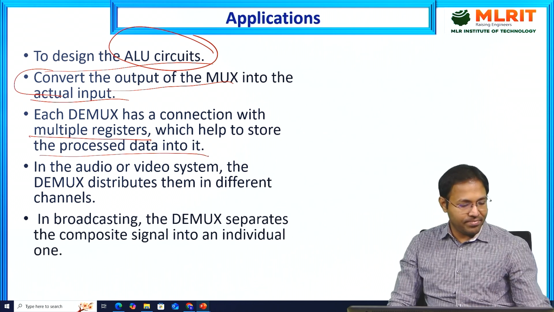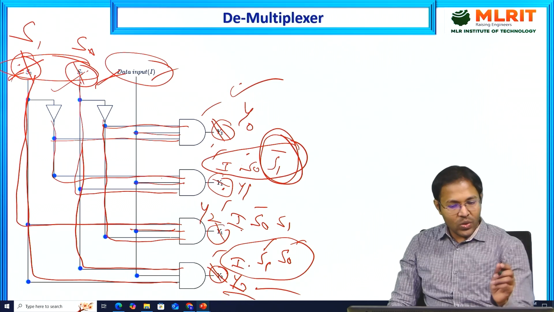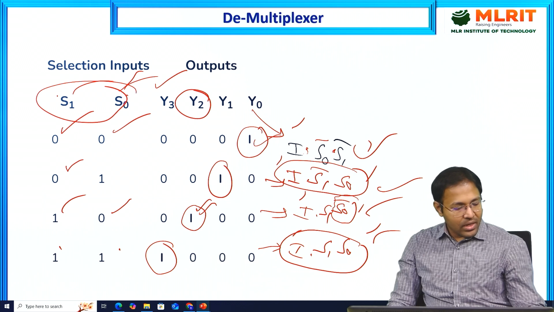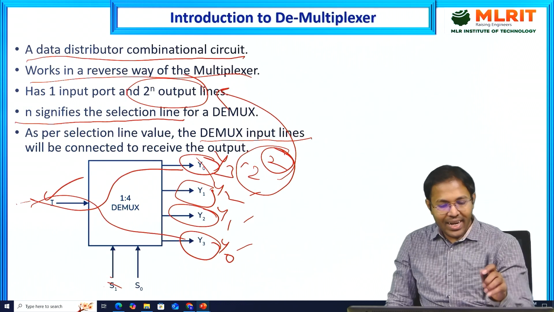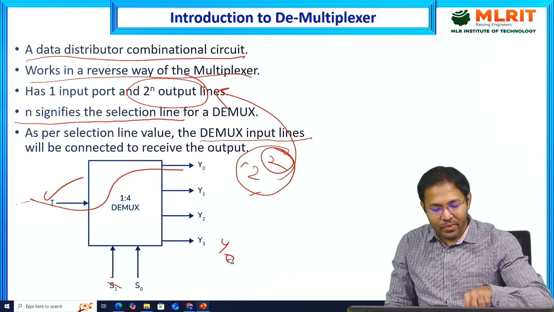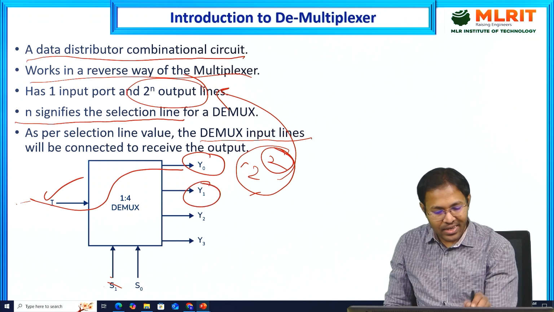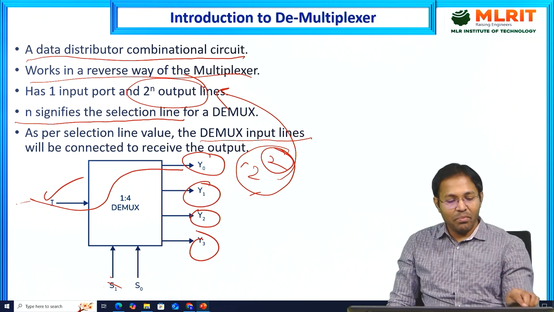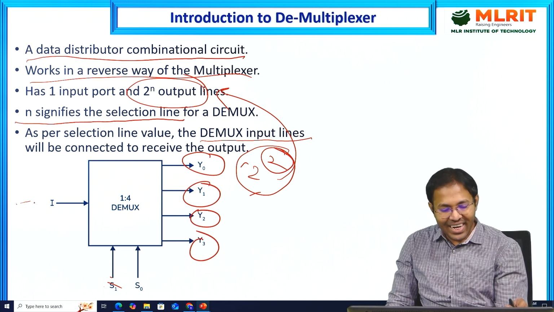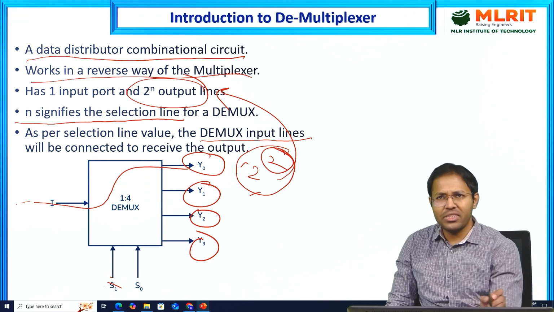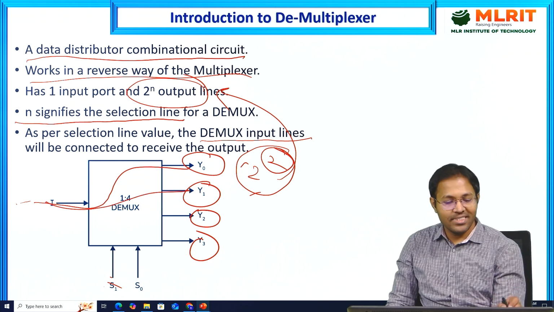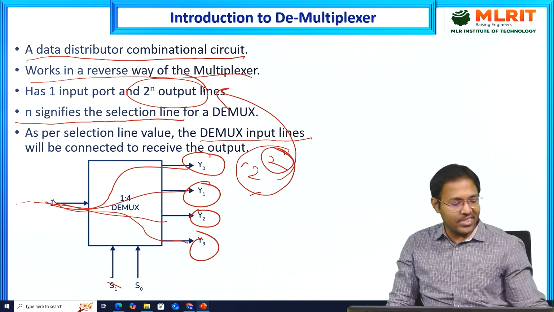So what you can do is connect multiple registers here, and then based on the selection lines you will decide where this value should be stored. Should it be stored here or here or here or this case.